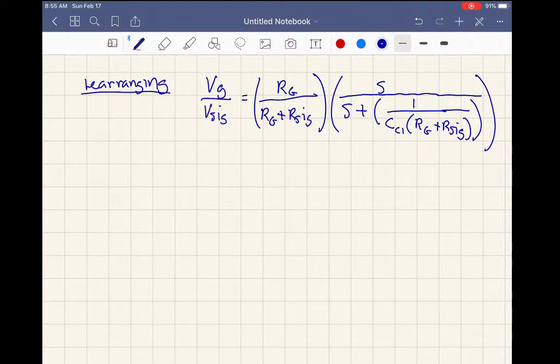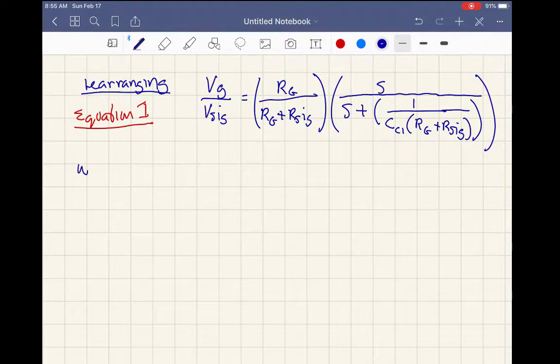So what's going on here? Let's take a look. I'm going to label this equation 1, because we're going to refer back to it. We can see the effect of C1 on the amplifier input. It's a frequency dependent function.